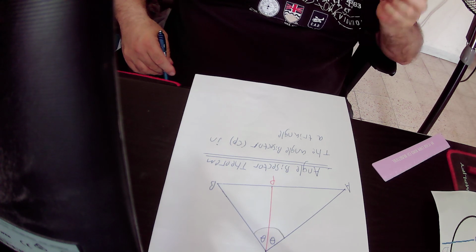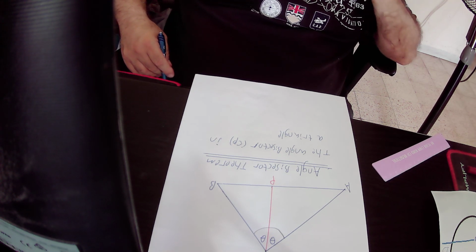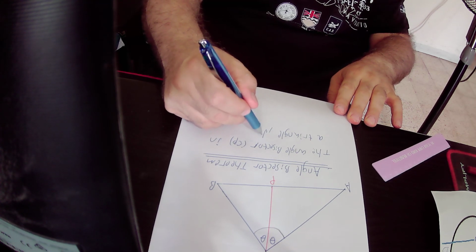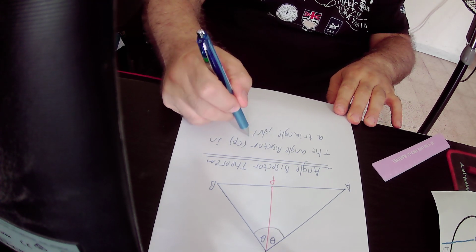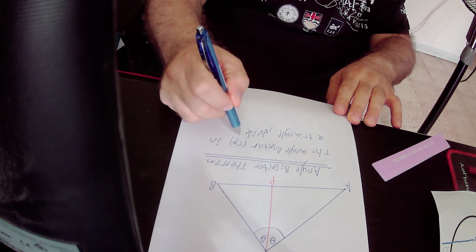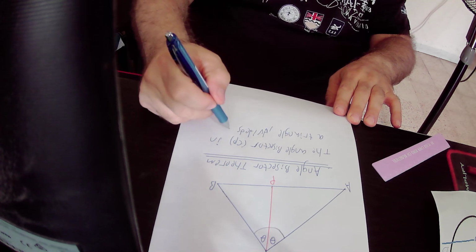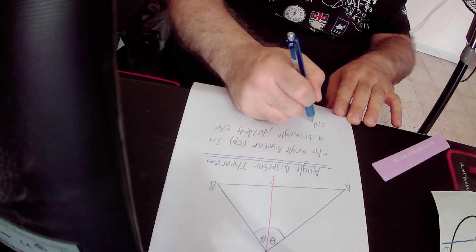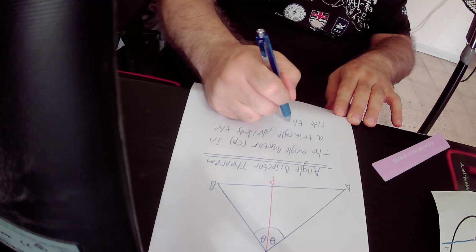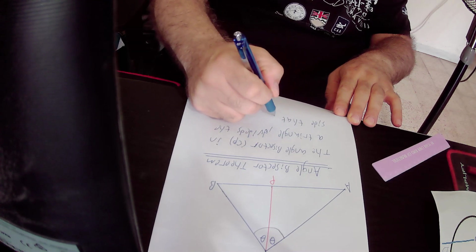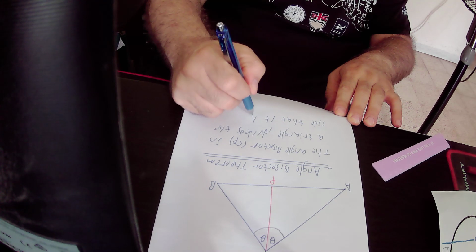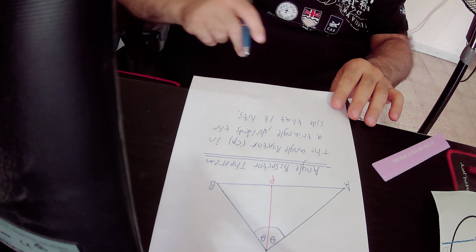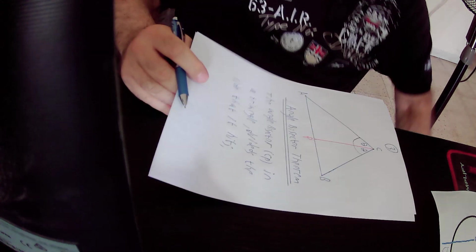So an angle bisector in a triangle divides the side that it meets, as you can see here.